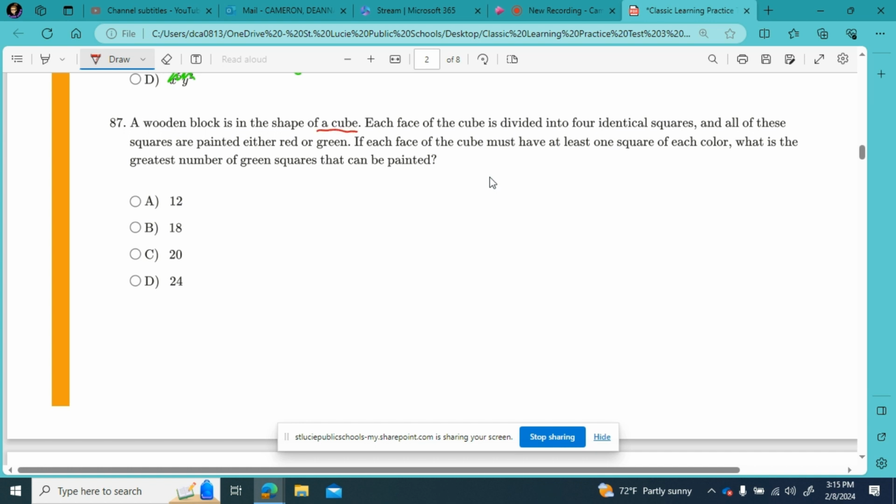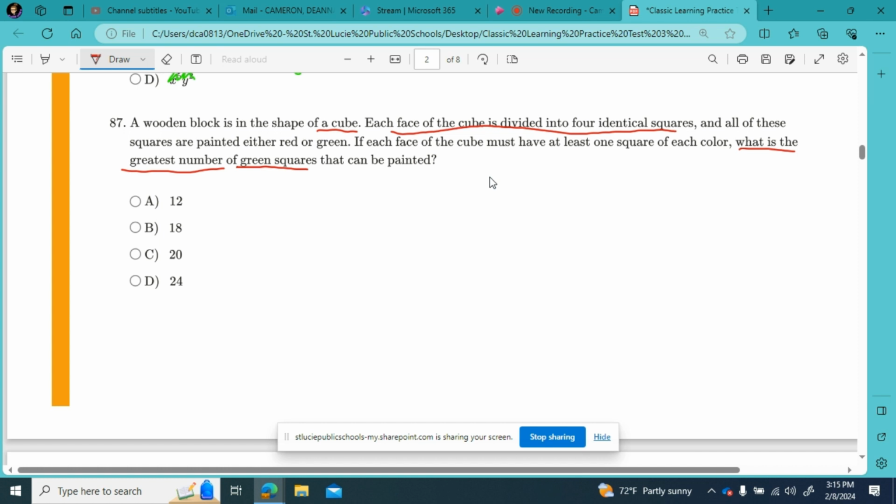Each face of the cube is divided into 4 identical squares, and all of these squares are painted either red or green. If each face of the cube must have at least one square of each color, what is the greatest number of green squares that can be painted?